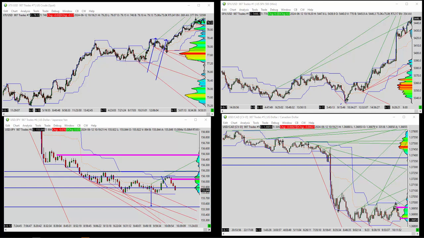Heidi's asking, do you have your trades set with stops and take profits? Everything is subjective, subject to levels that I see. There's no standard, right?